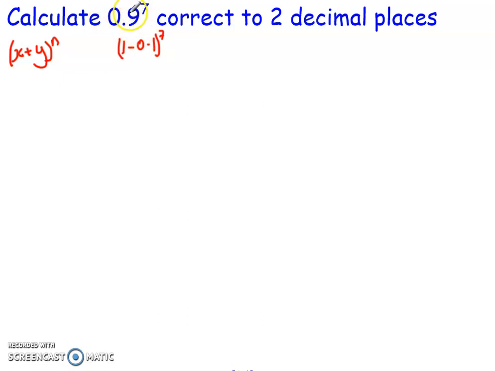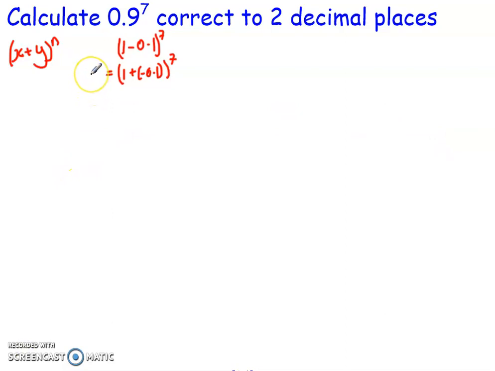But remember, for binomial expansion, it's got to be a plus in the middle, so I'd have to rewrite that as 1 plus negative 0.1 to the power of 7. Now it's in the format I want, I can actually use a binomial expansion on it, and then take it from there, and be able to get my final overall value.